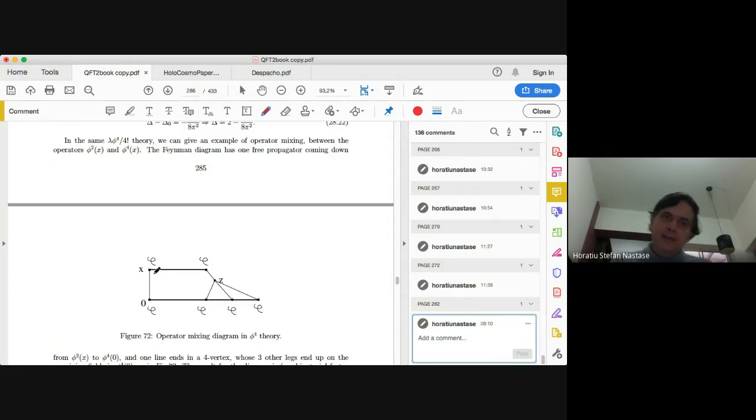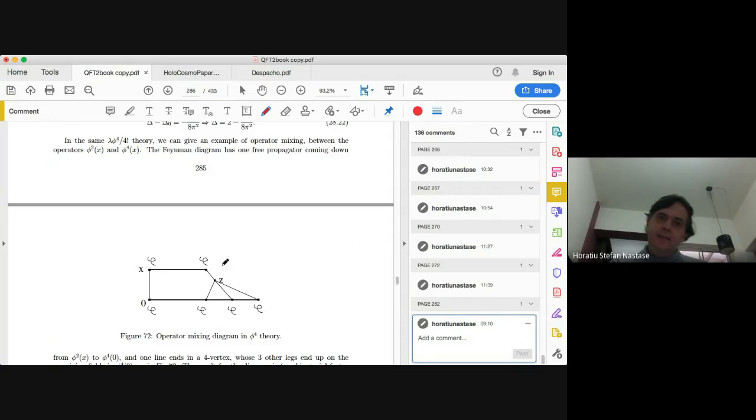And then the order lambda Feynman diagram is where I connect one of the phi's at x with one of the phi's at 0. But then from one of the phi's at x, I connect with the vertex at point z.